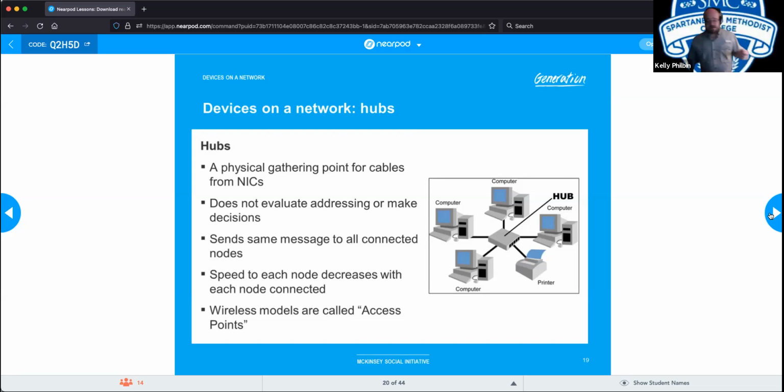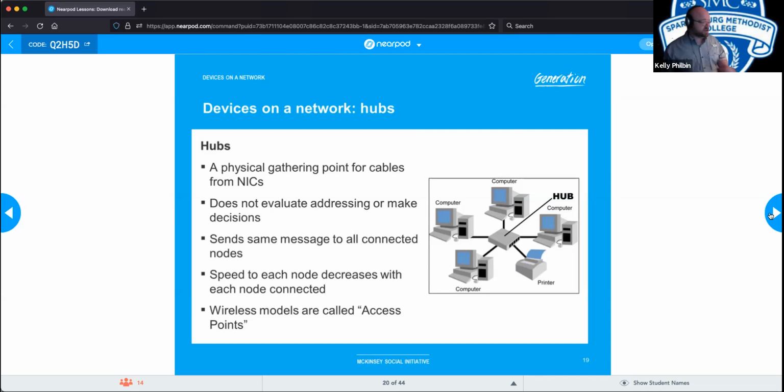Now, the downfall of this is for each added node on a hub, it's going to decrease your speed at how much you can talk, because only one person can talk at a time on a hub.